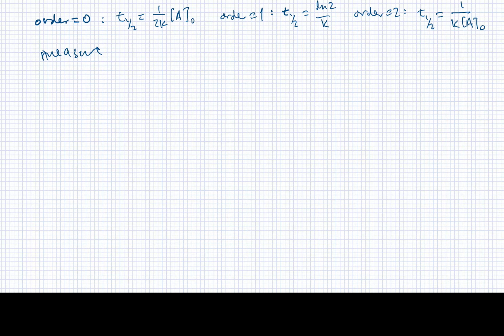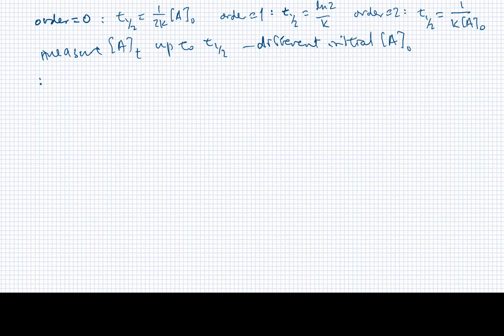So we're measuring our concentration up to the first half-life. But we're going to do this for several different initial concentrations. And these equations up here tell us exactly what to expect when we do that.